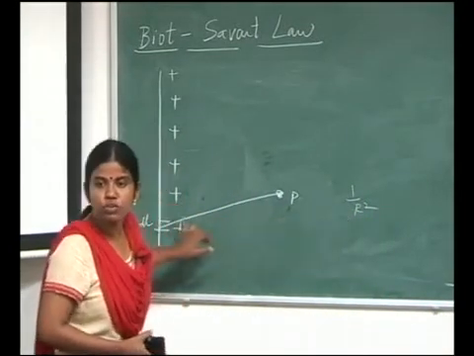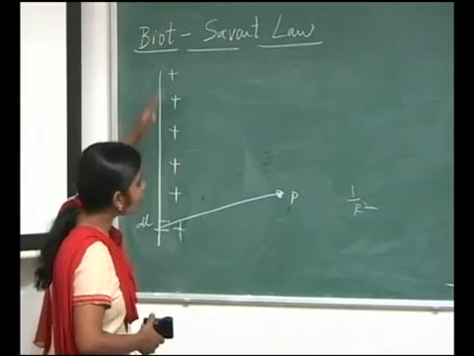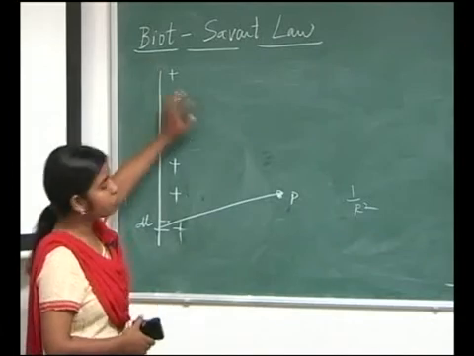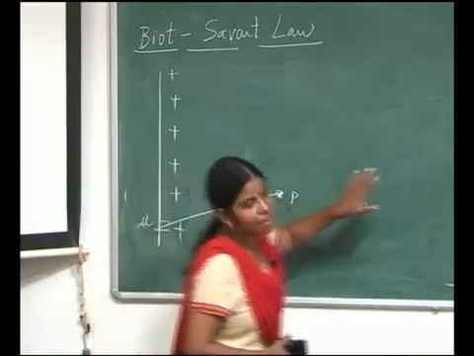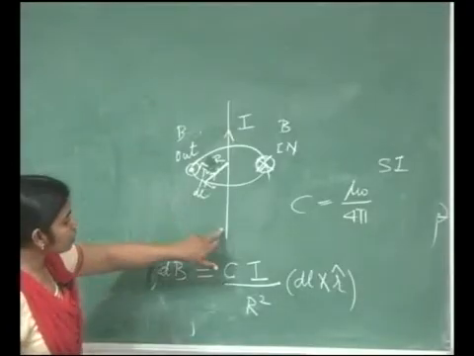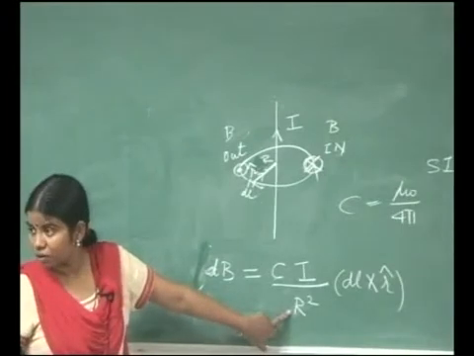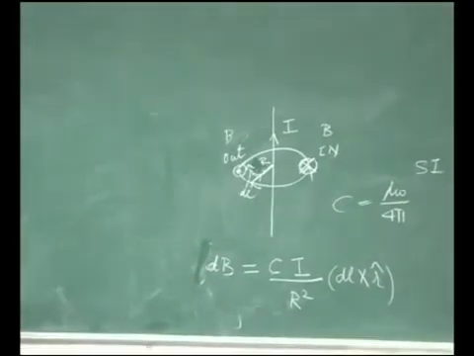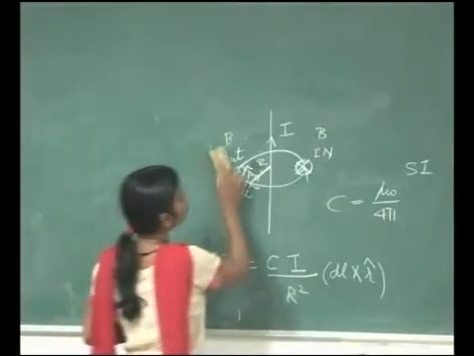So, you just understand that this 1 by r square contribution is because of the individual charge, but because of the entire conductor the contribution changes to 1 by r. I know that due to an individual charge it is 1 by r square. So, how can I compare these two situations?